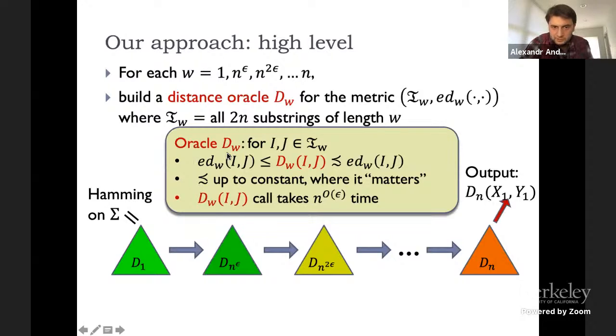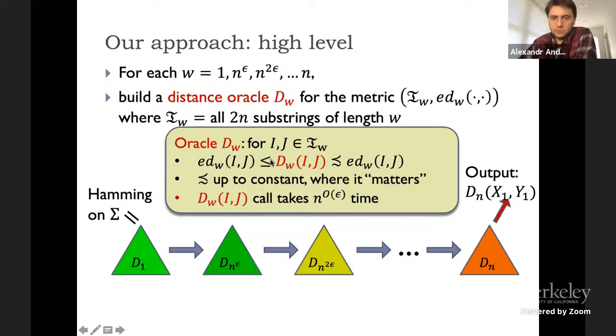And the formal guarantees that we want for this oracle, informally, not all details written out, are what we roughly expect from this distance oracle D_W. For any two substrings i and j, we usually think of i as coming from string x and j from string y, but you can also think about both of them coming from the same string x. We want it to be a constant factor approximation to the edit distance between the corresponding substrings i and j.